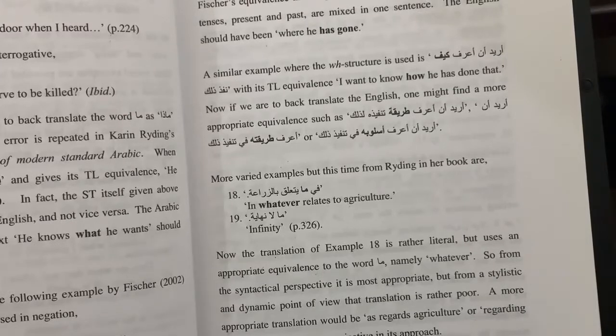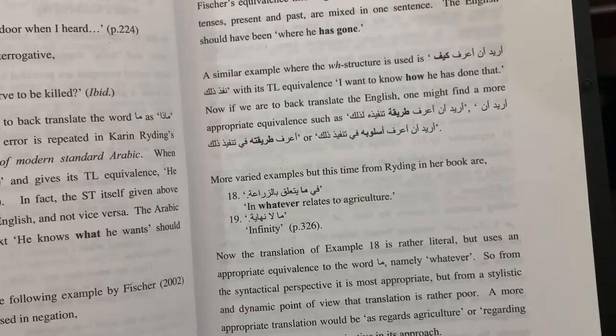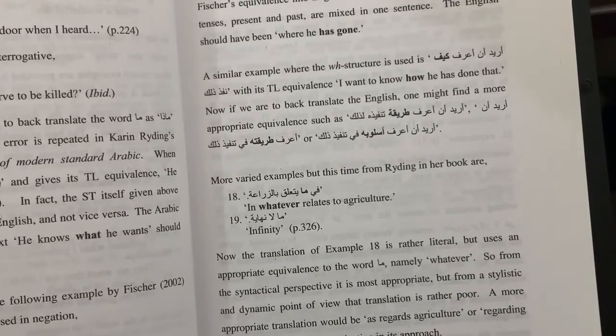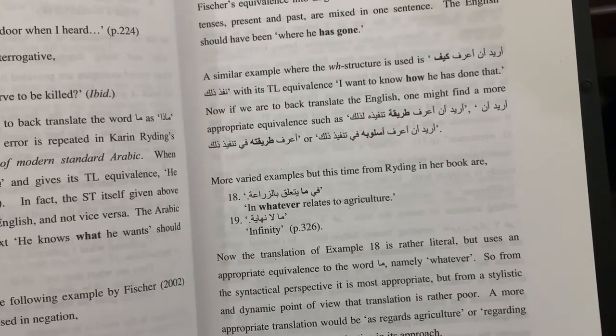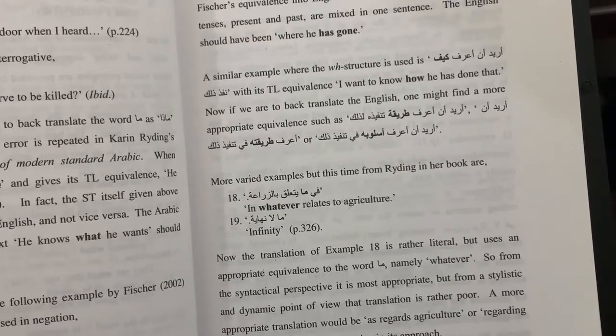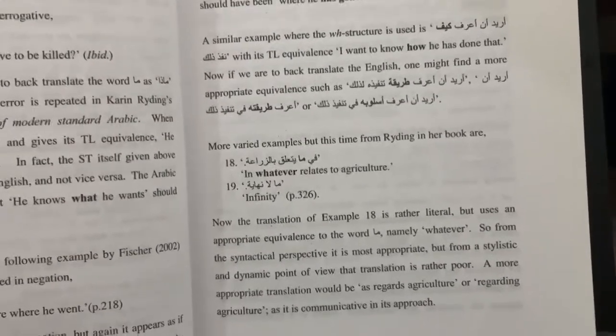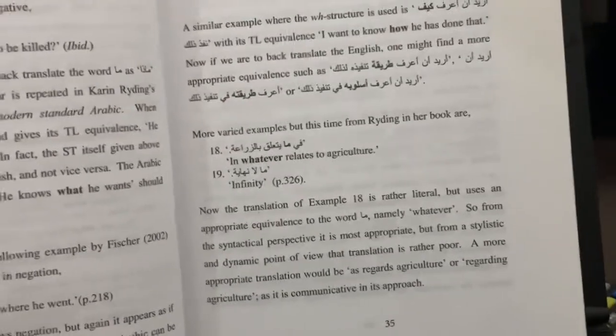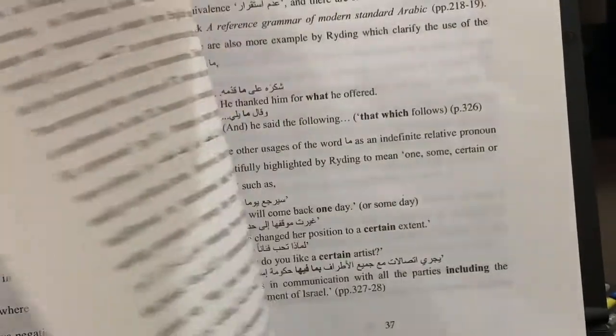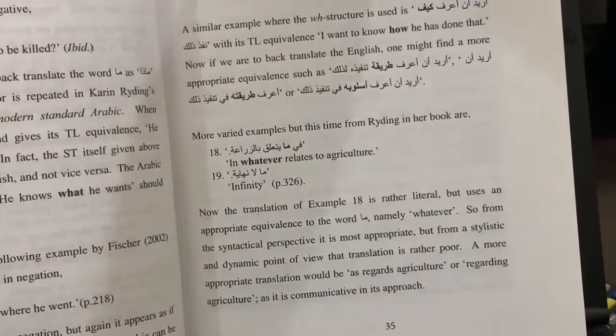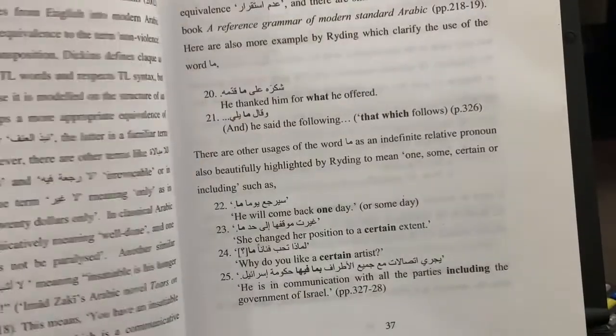So I'm just making it more literal, so you can see now the syntactic structure of it, because the book is called syntax. ما لا نهاية, again, infinity. And you can see how it's being used here to give you this kind of meaning to the word ma, which is quite interesting and very important to learn that way.